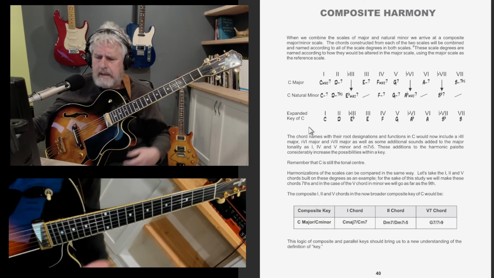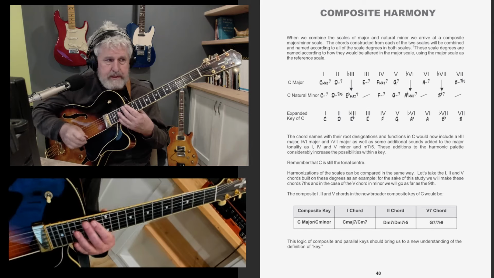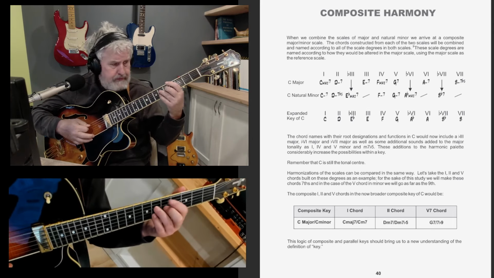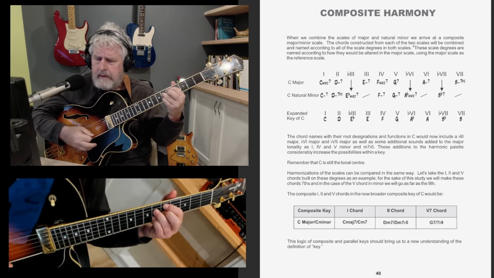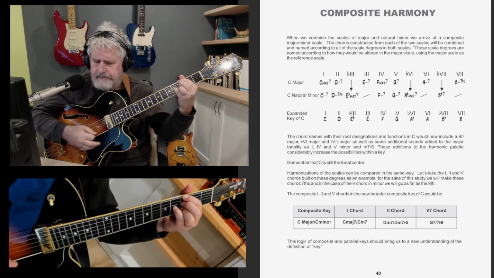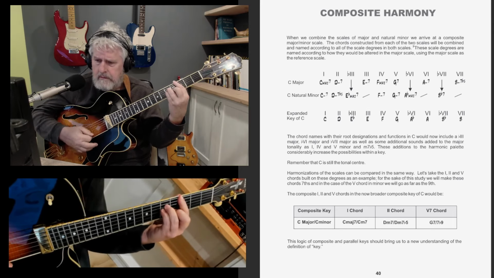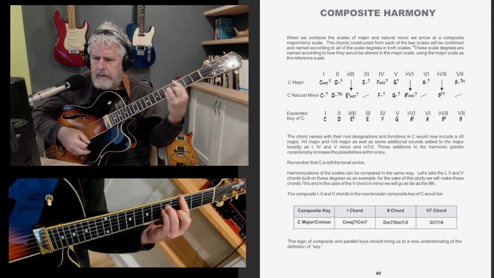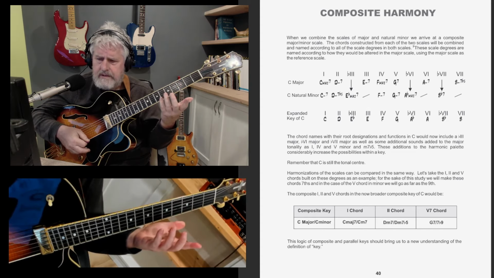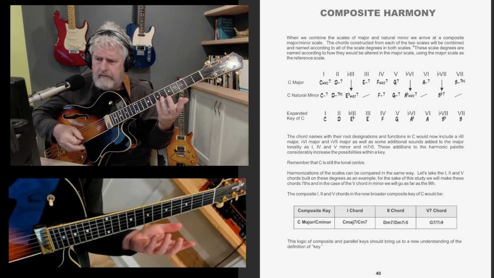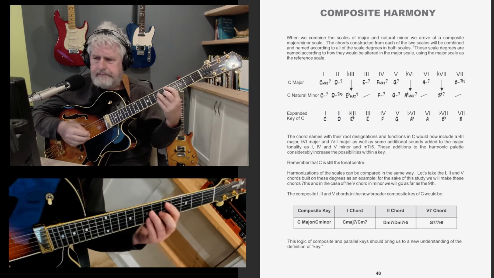And you had a little bit of a taste of that composite key when I played the D minor 7 flat 5, going to G7, and then resolving maybe to minor. How about using some of these others? How about the A flat major 7?